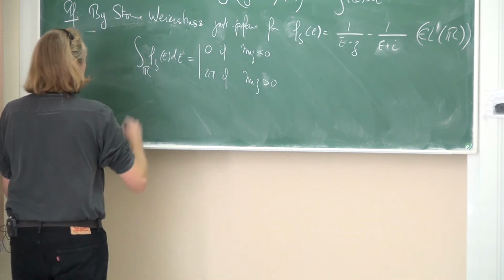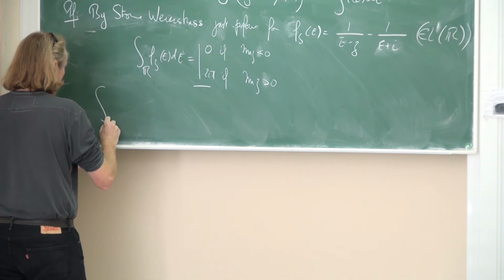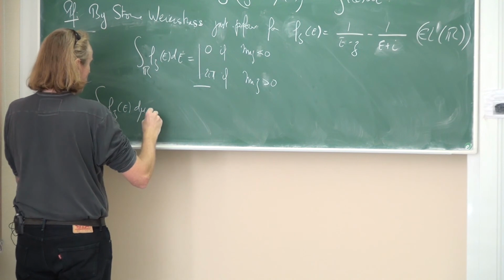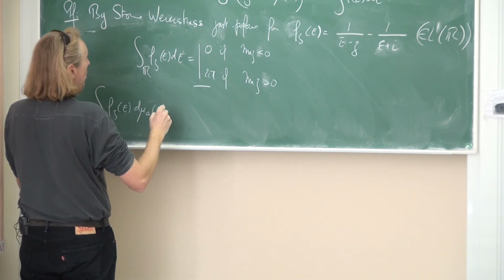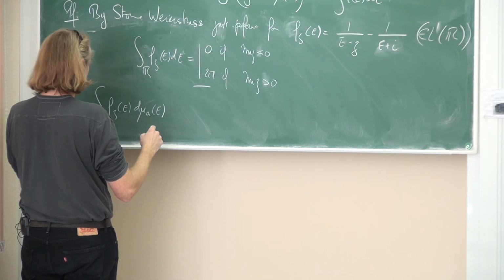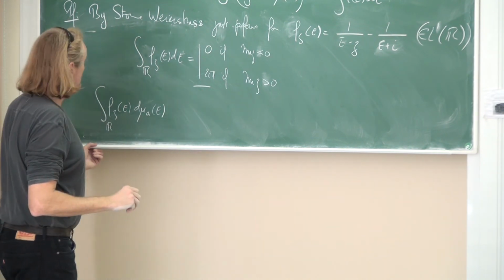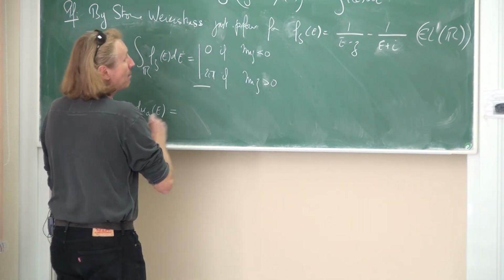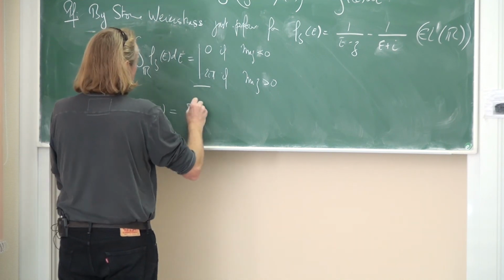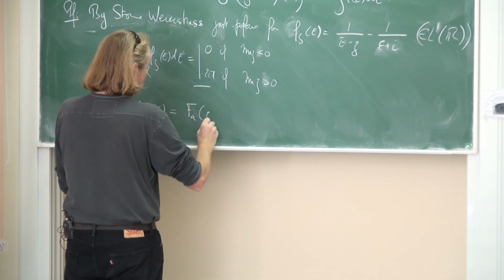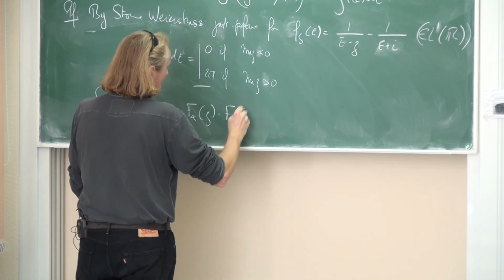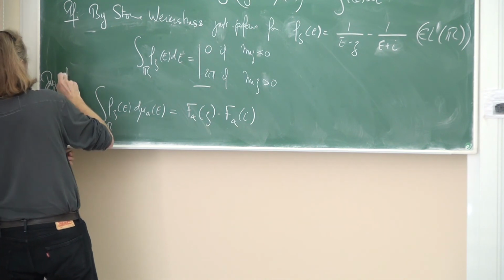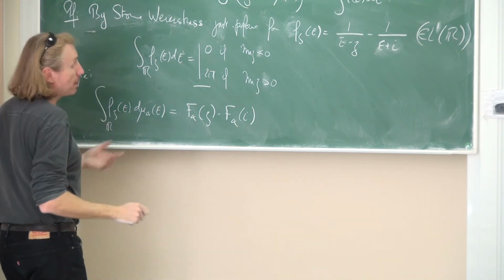And now if I compute the integral over R of f of z E d mu alpha E, what do I get? Well, by definition, I get that this is f alpha at z minus f alpha at I, by the definition of mu alpha.